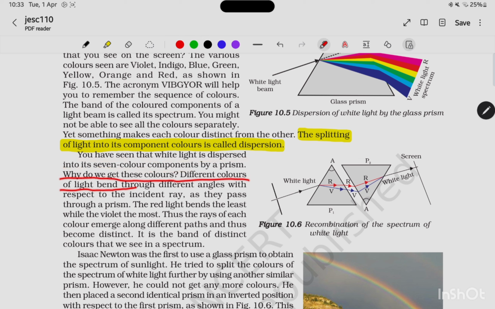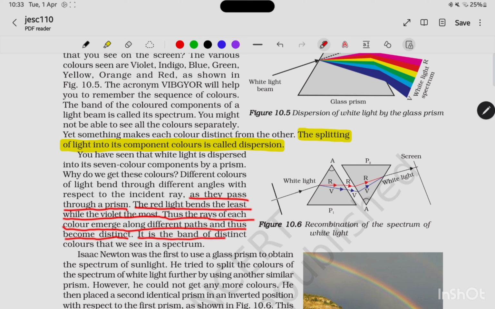Different colors of light bend through different angles with respect to the incident ray. As they pass through a prism, the red light bends the least while the violet the most. Thus, the rays of each color emerge along different paths and thus become distinct. It is the band of distinct colors that we see in a spectrum. Okay.